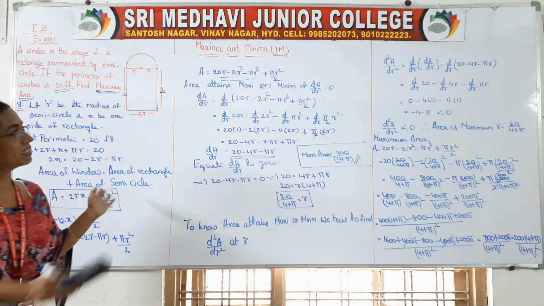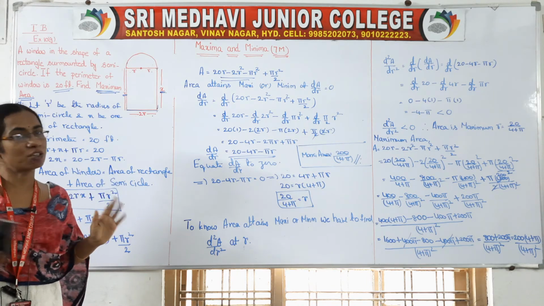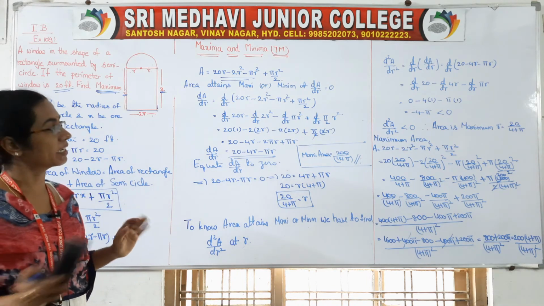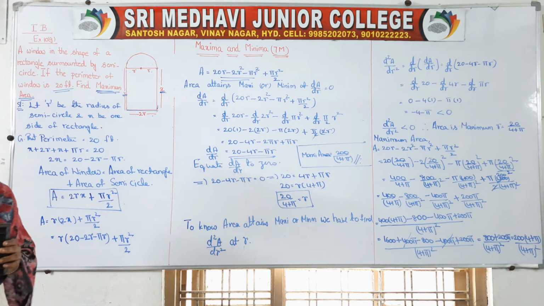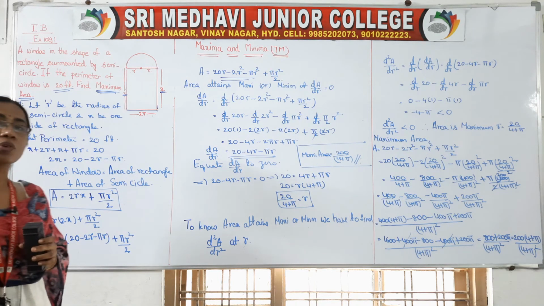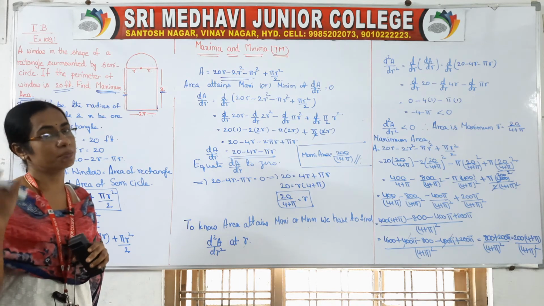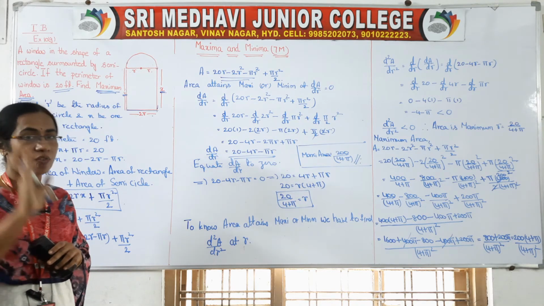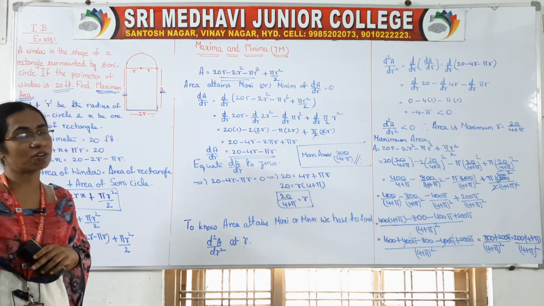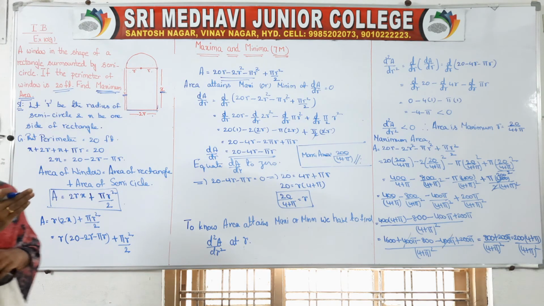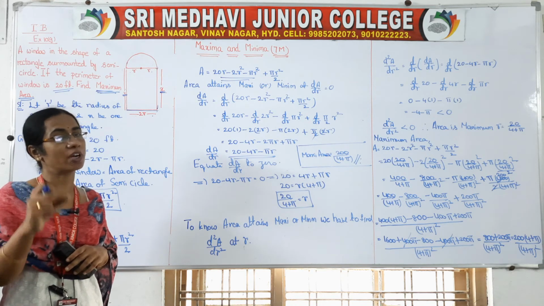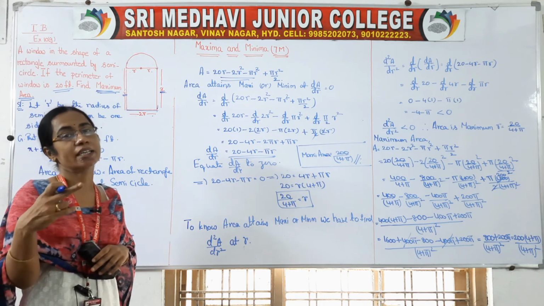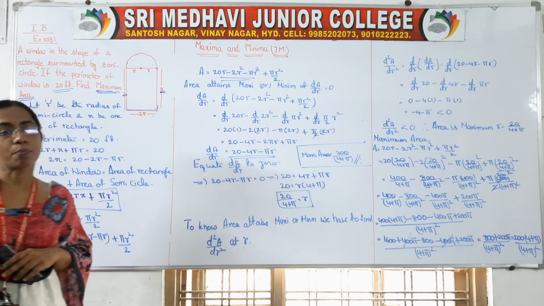So actually, by seeing all these big values, don't get scared. If you start doing it smoothly, it will come. Why? Because you already know the concept. What is the concept? Maximum. One time we have to differentiate, equate to 0, and we will get one value of r or x. At that point the function attains either maximum or minimum.